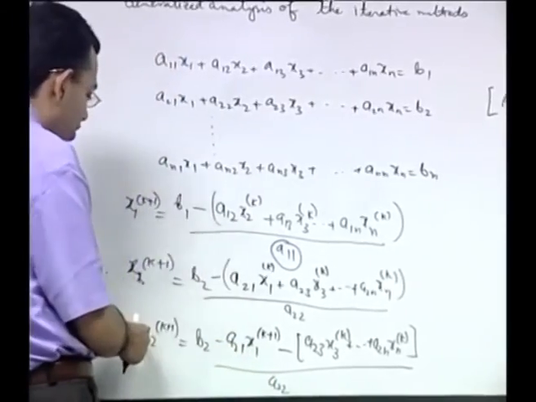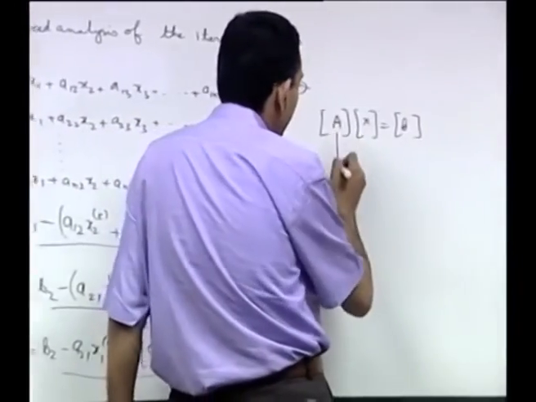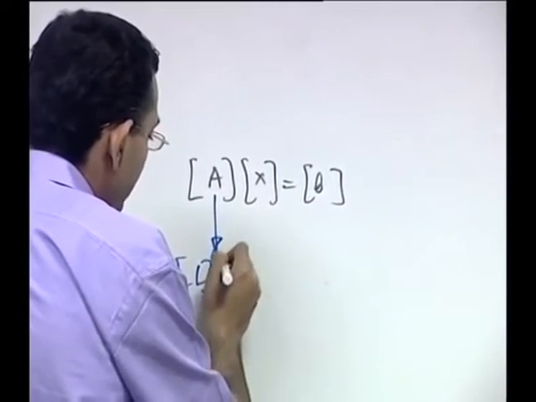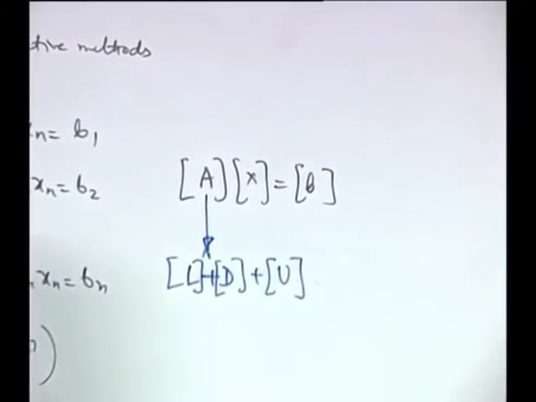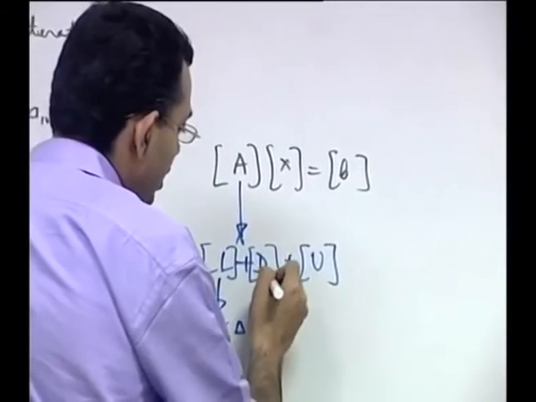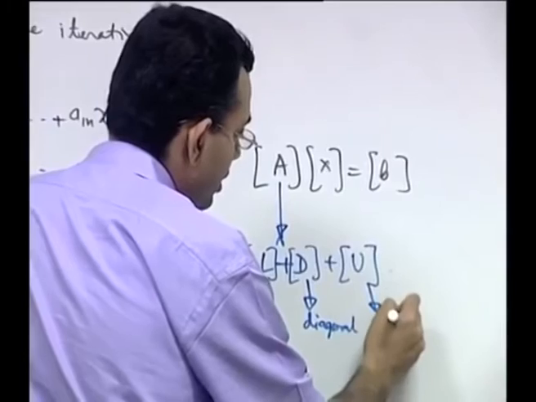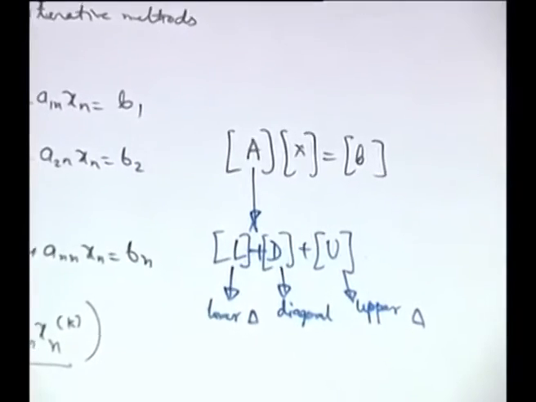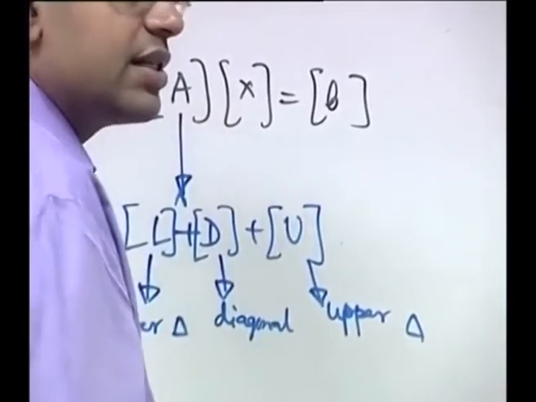So, if you multiply the diagonal with the variable and take all the terms on one side together, then as if you have now decomposed A as a summation of 3 different matrices L plus D plus U, where L is a lower triangular matrix, D is a diagonal matrix, and U is an upper triangular matrix. Do not confuse it with LU factorization, it is simply addition of 3 different matrices so that the final result is the matrix A.